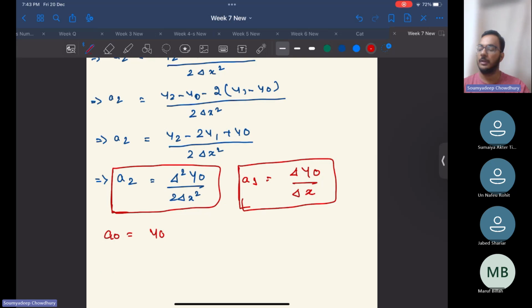If we try to generalize this and find out what an, the nth coefficient, turns out to be, it basically turns out to be del power n y0 upon n factorial into del x power n.